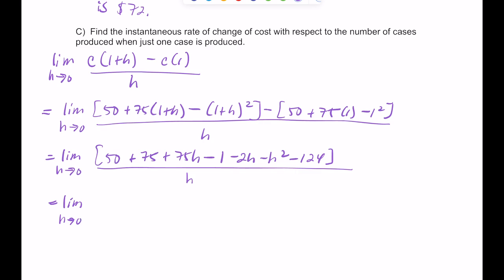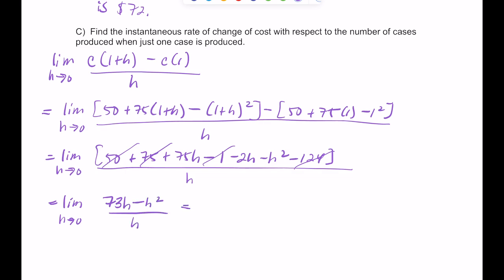So let's see. When I combine here, 50 plus 75, that's 125 minus 1 is 124, and then minus a 124. So those terms are all just going to go away. And 75h minus 2h gives me 73h, and then minus h squared over h.